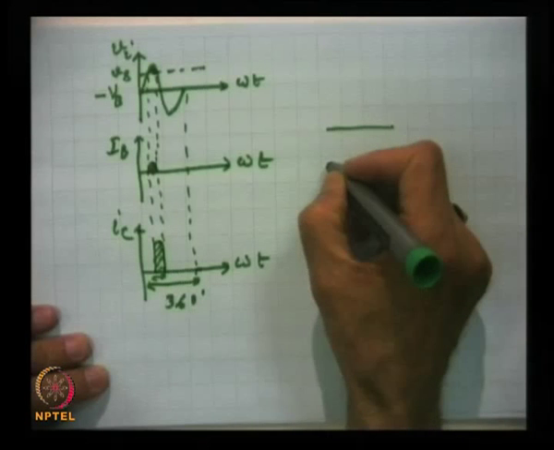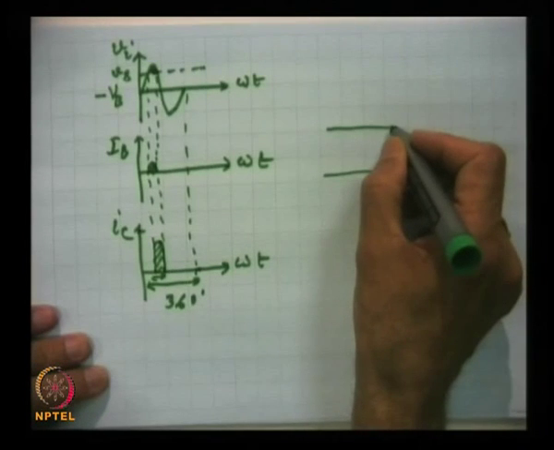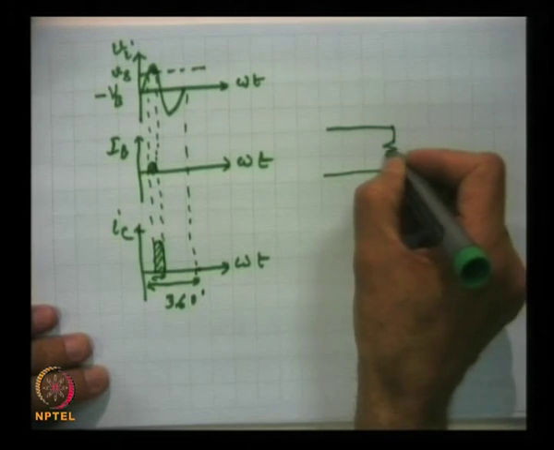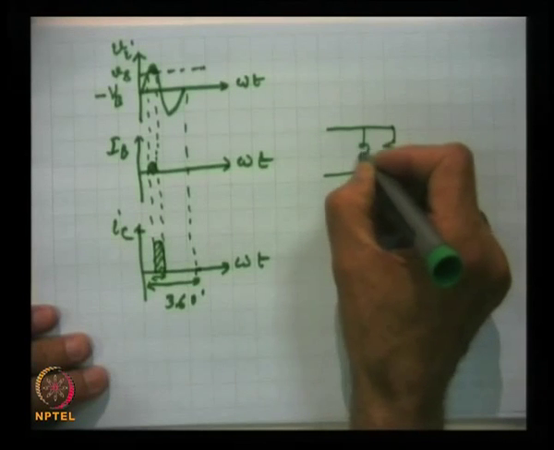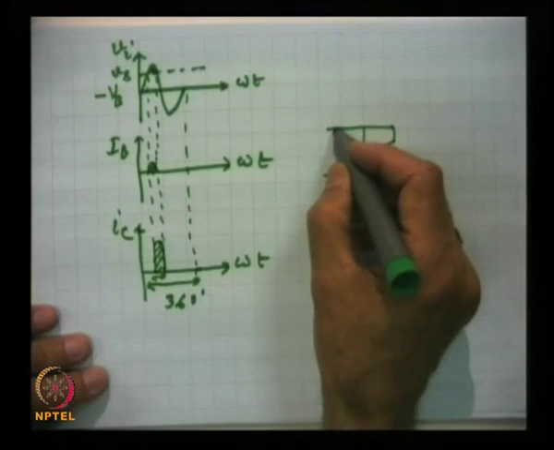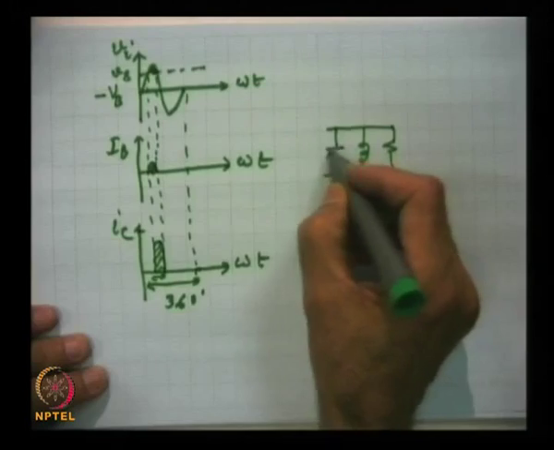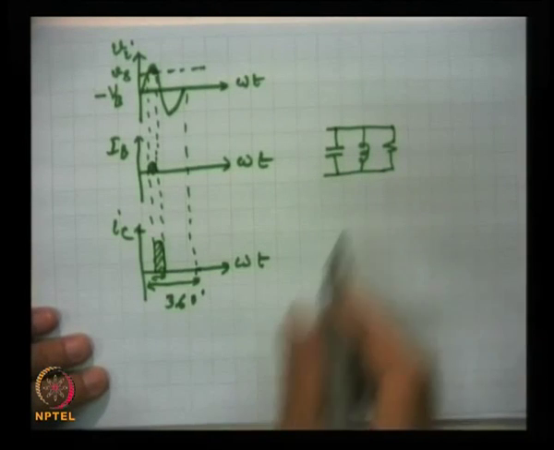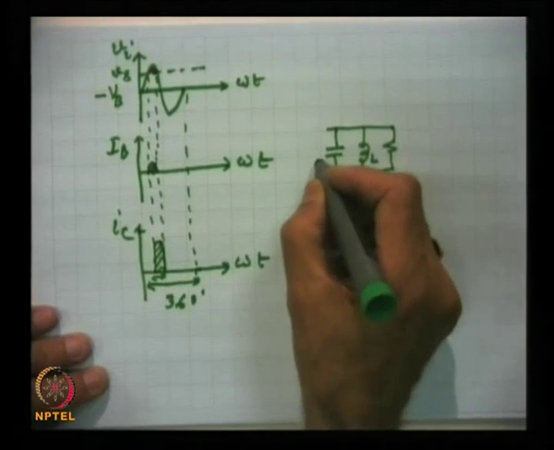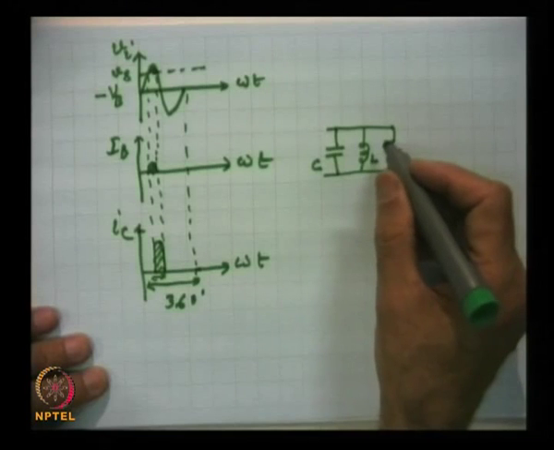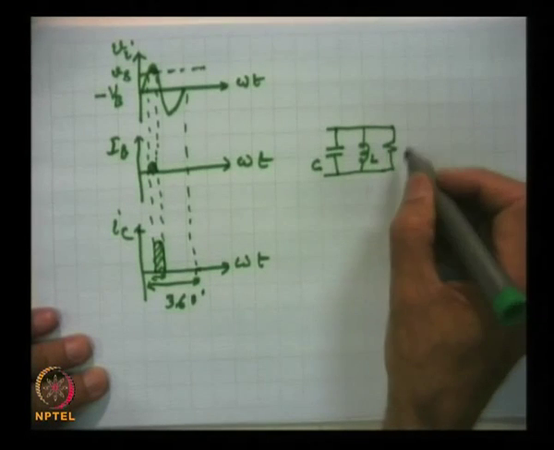Let us see here that this is the tank circuit. This is L, this is C, and this is the effective R.